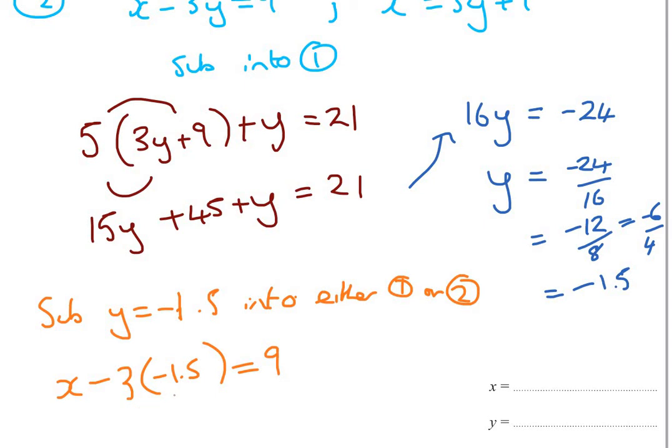So minus 3 times minus 1.5, well that's just 4.5. So we get x plus 4.5 equals 9. So this tells us that x equals 4.5. So there we have it. We've solved it. 4.5 and minus 1.5.